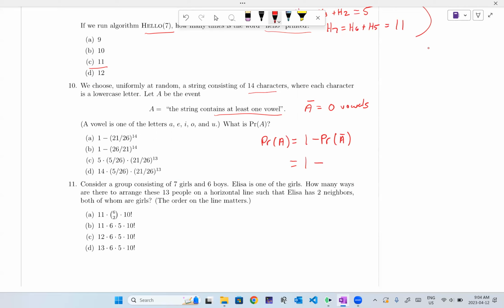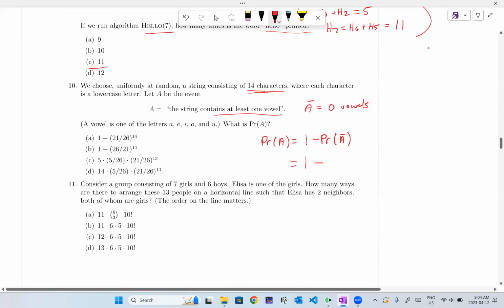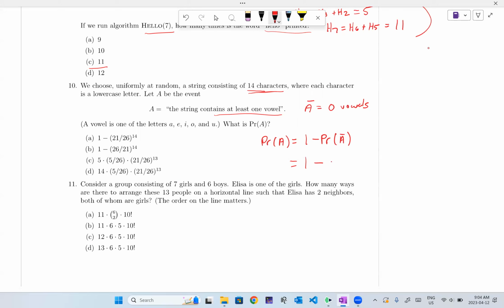So, all of strings consisting of 14 characters, where each character is a lowercase letter. Yeah, and these are chosen uniformly at random. So this is simply the probability of some event is the size of the event over the size of the sample space. The sample space is all of the ways I can choose a string of length 14 from 26 characters.